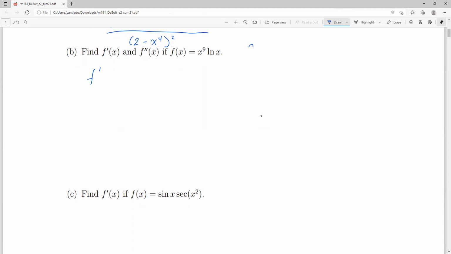If we're taking the derivative of the product of two functions, so let's say f times g, then it's going to be the derivative of the first times the second plus the derivative of the second times the first, right? So if we let this be f, let's let this be g, we go ahead and find the first derivative using product rule.